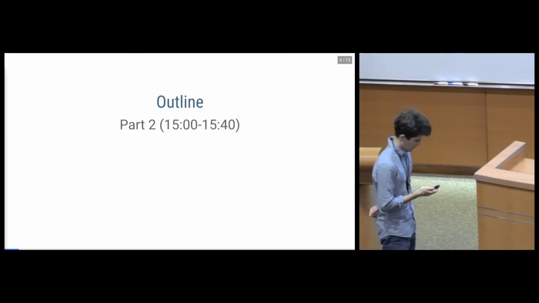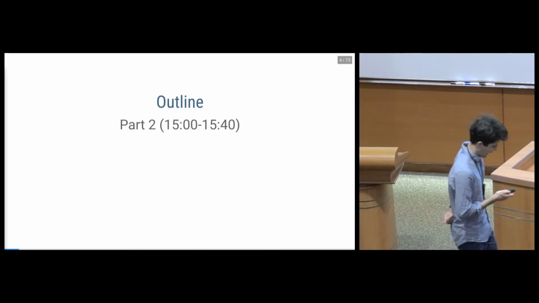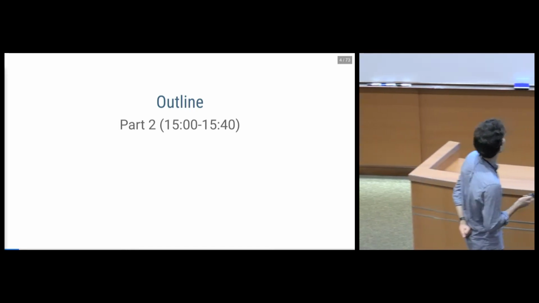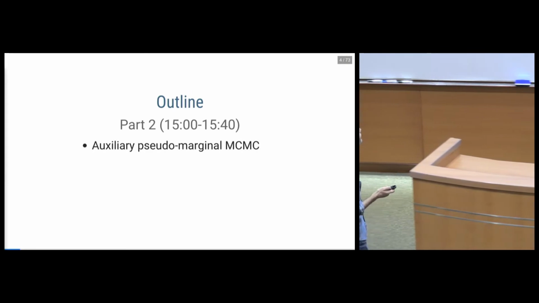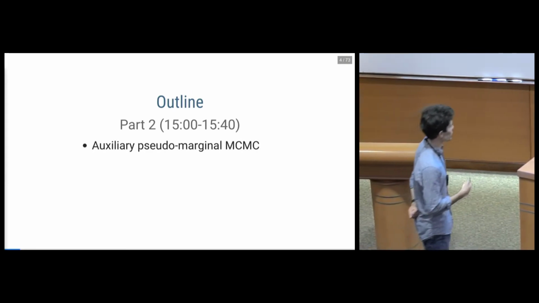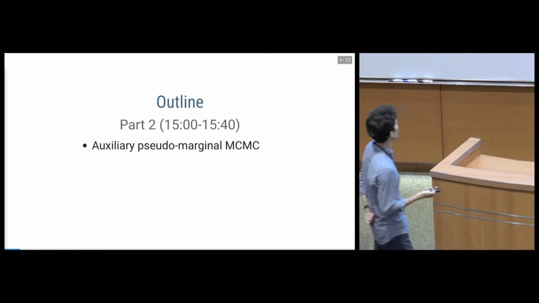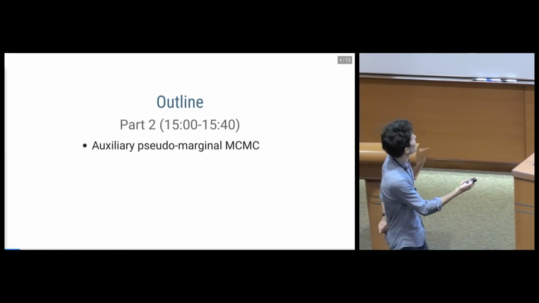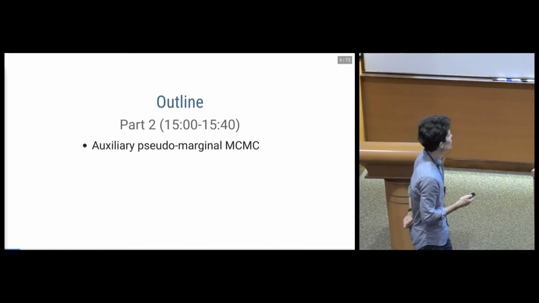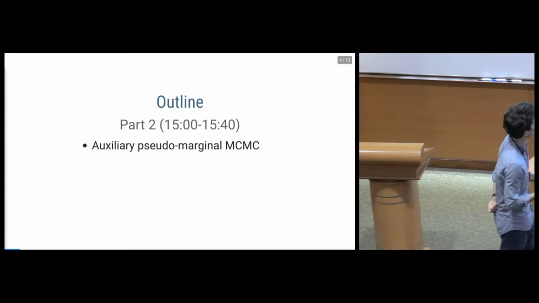So just to give you an idea of what's coming up in case you want to escape after the break. In the second part, I will go on to discuss more of the new work I'm discussing here, or at least my own work. So I will define this auxiliary pseudo-marginal MCMC framework.